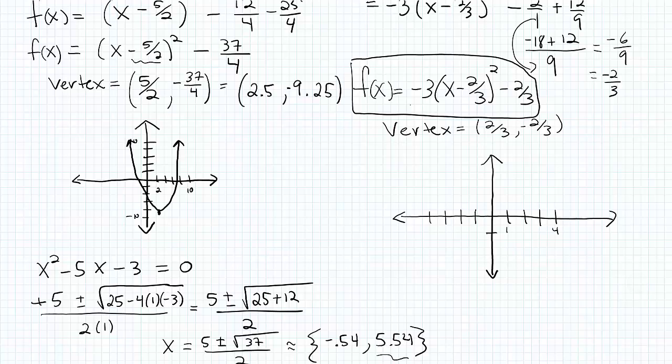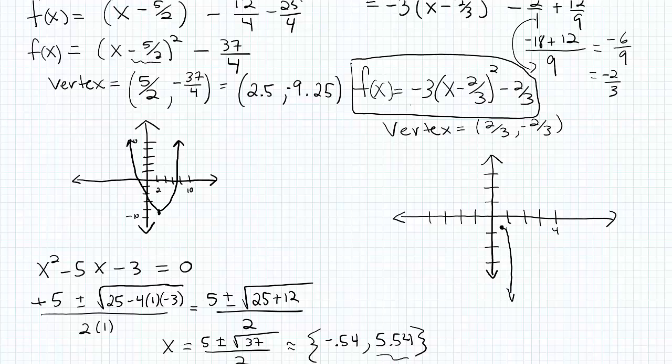Okay, so 1, 2, 3, etc. Now from there, the vertex will be at 2/3 on the x, so not quite all the way over, and then down, not quite all the way down, so maybe right about there. And then it's going to be skinny, opening down, right? So we'd basically have it opening down, and then kind of being a little skinny.